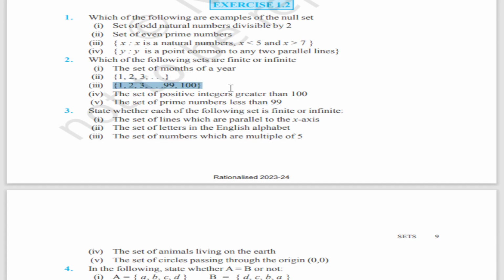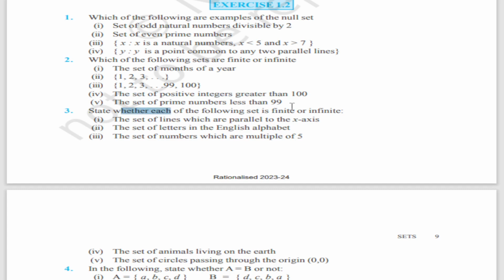Again, that is not infinite, we can count them from 1 to 100, right? A never ending set is basically infinite. The set of positive integers greater than 100 is again an infinite set, because we do not know till where we have to go. There are a lot of positive integers greater than 100.